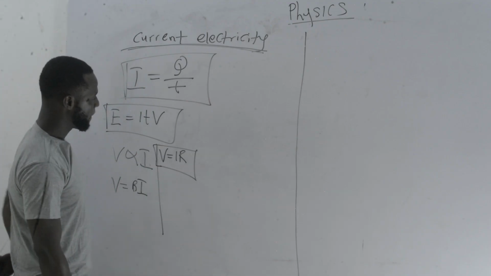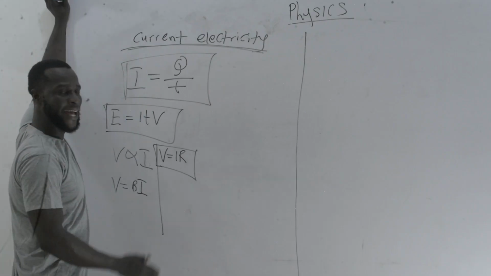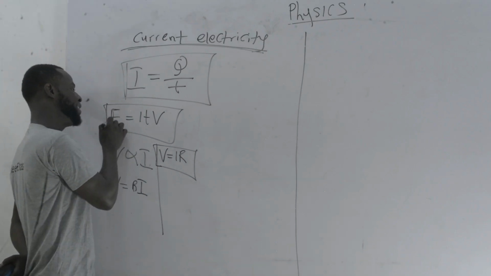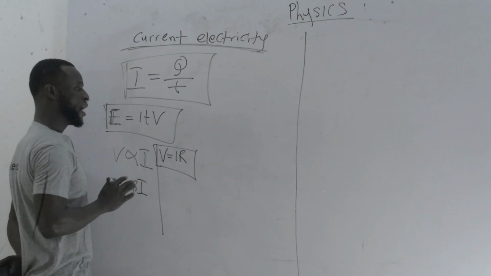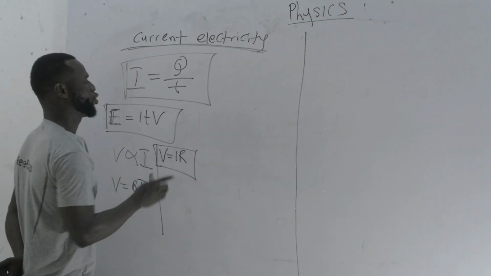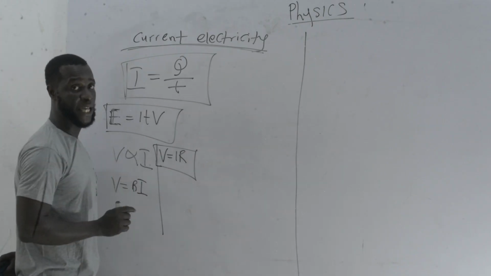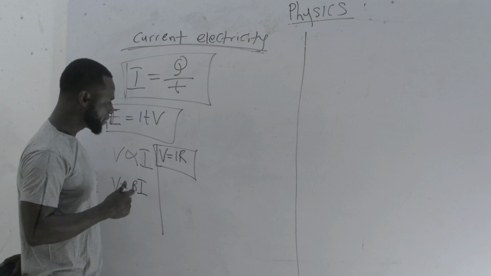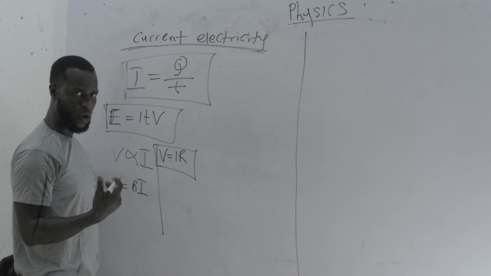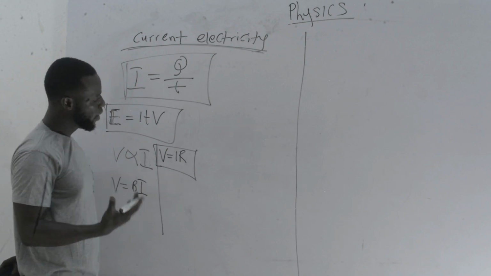Having said this, I can come back to electric energy. Here I'm using E to represent electric energy. In some textbooks, they'll show you more than one equation for electric energy, but I don't really need those other ones. I can show you 3 of them.